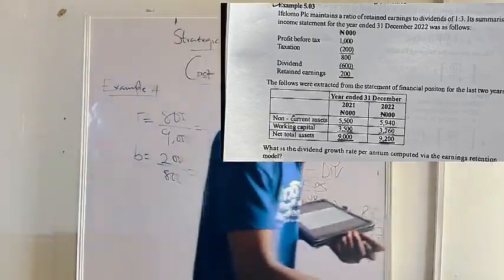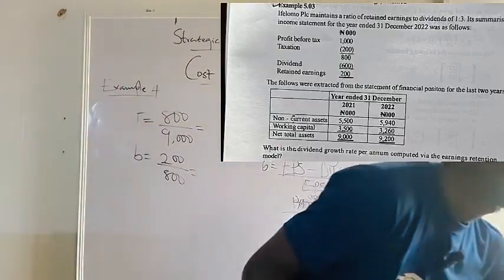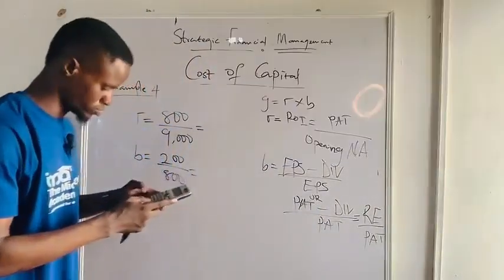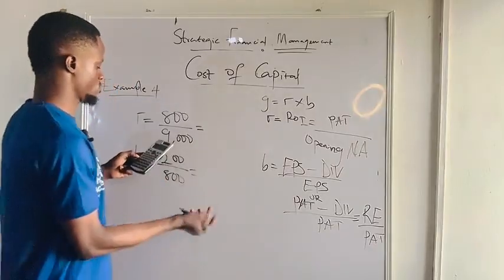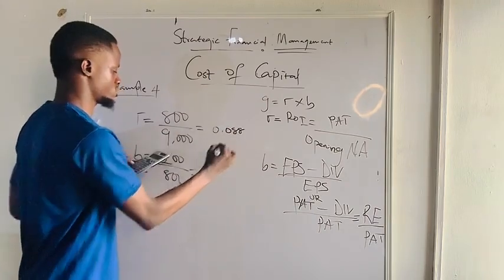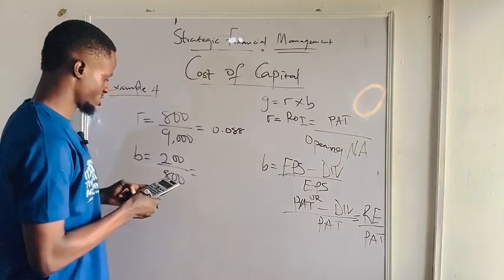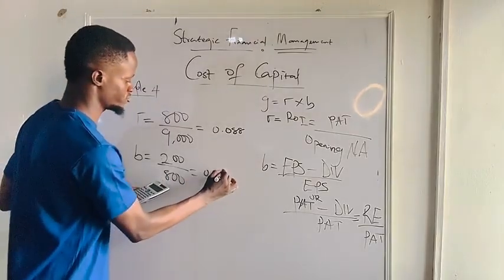So let's punch our calculator. 800 divided by 9,000 gives 0.0888. And 200 divided by 800 gives 0.25.